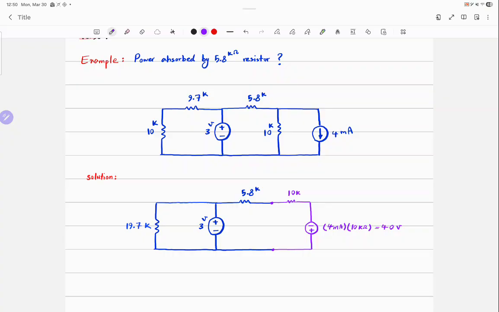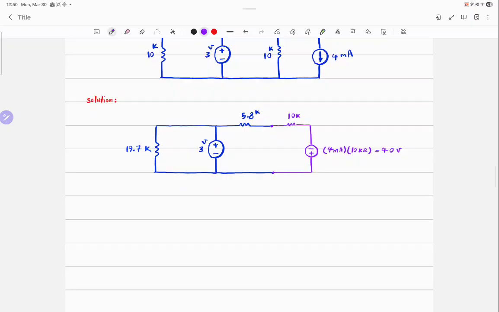For example, in the first circuit, I would definitely combine the 9.7 and 10 because this is so obvious. But I probably wouldn't go for source transformation. Sometimes you have to. You will see toward the end of this lecture that sometimes you have to do source transformation. But I'm just suggesting that you have to be very wise about what to do and what not to do, especially on exam.